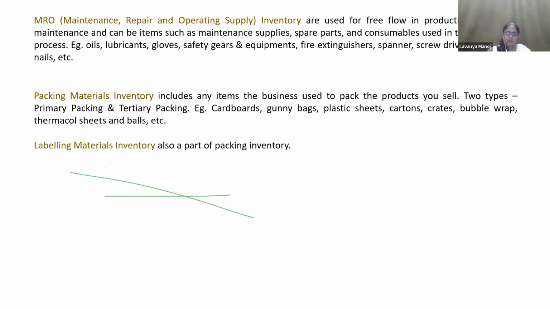Any product cannot be directly given to the consumer, other than automobiles. No other product can be without a proper package. You cannot directly give it to the customer.